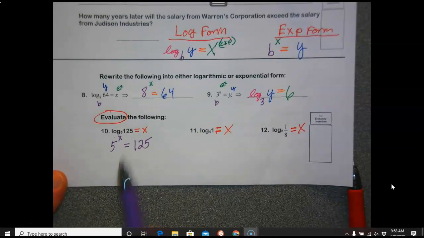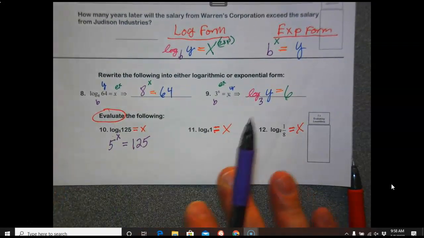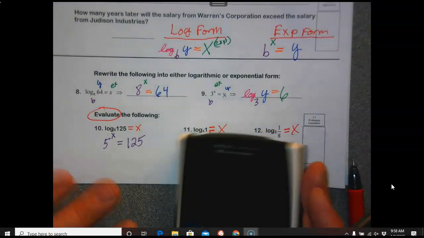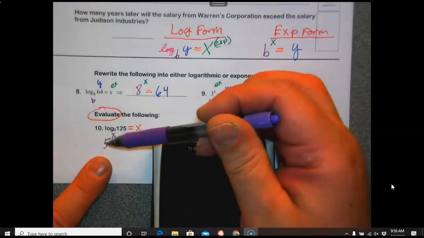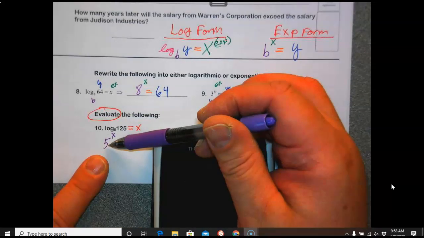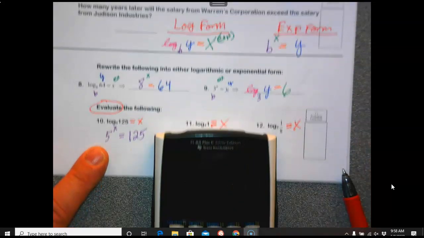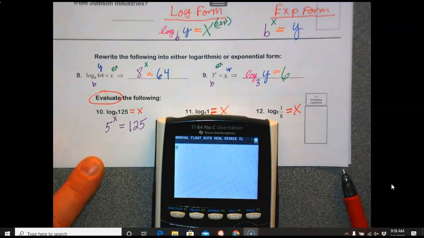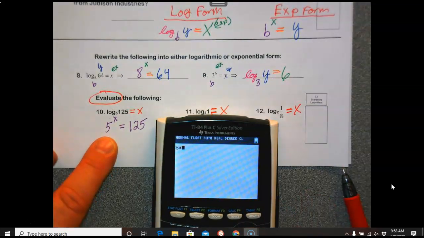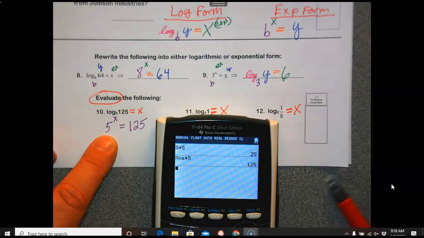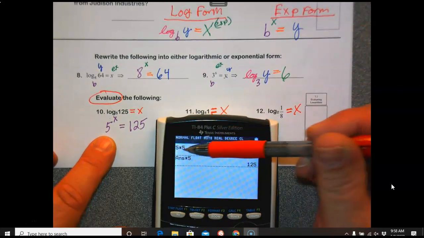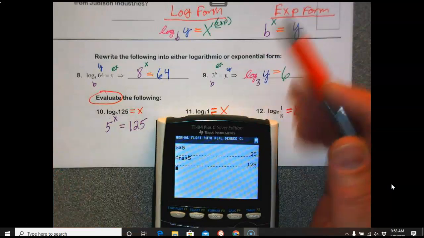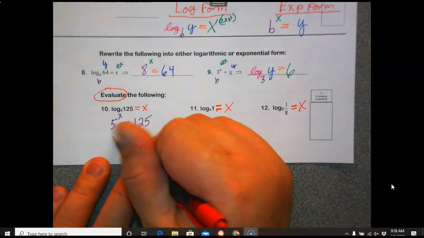Now, if you don't have your handy-dandy little yellow charts, you can always put this in a calculator. Remember, this is a power, so it's being multiplied by itself. So all I have to do is, well, I'm going to take 5 times 5, just keep multiplying it by itself until I get 125 times 5, and there it is. Well, how many 5s do I have? 2, 3. So x has to equal.